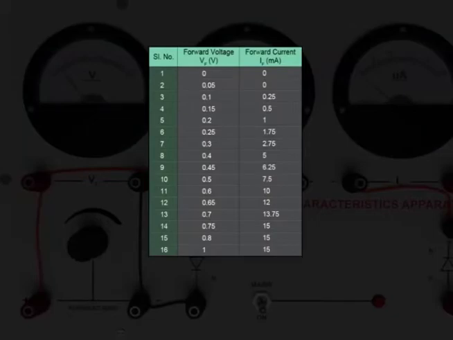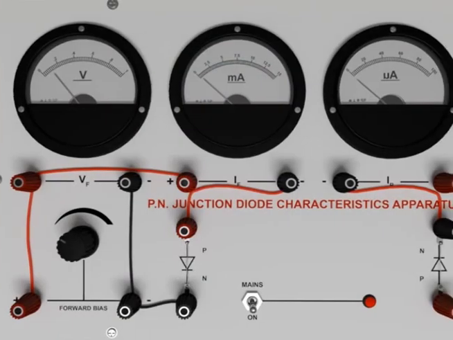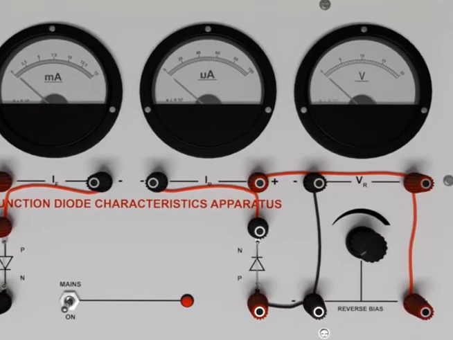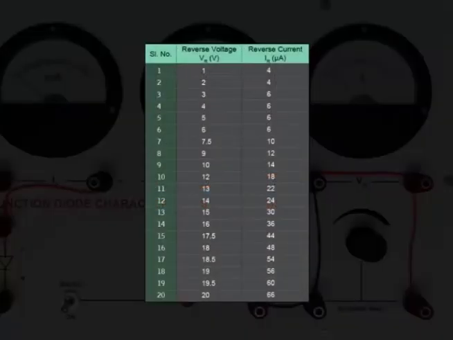Record your observations. For reverse biasing, rotate the knob to increase the voltage in steps of 1 volt and note the corresponding reading on the microammeter. Record your observations.